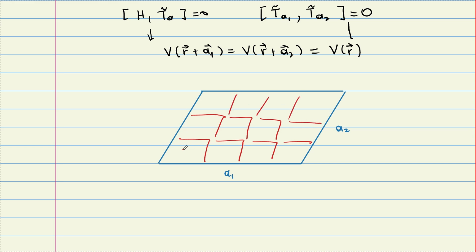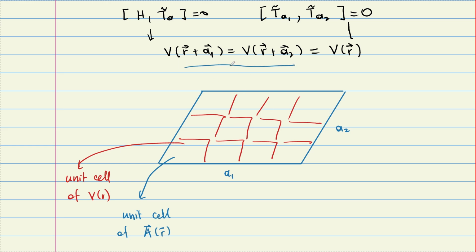So this red line is the unit cell of V of R. The blue line is the unit cell of A of R, which we have been trying to formulate the whole time.